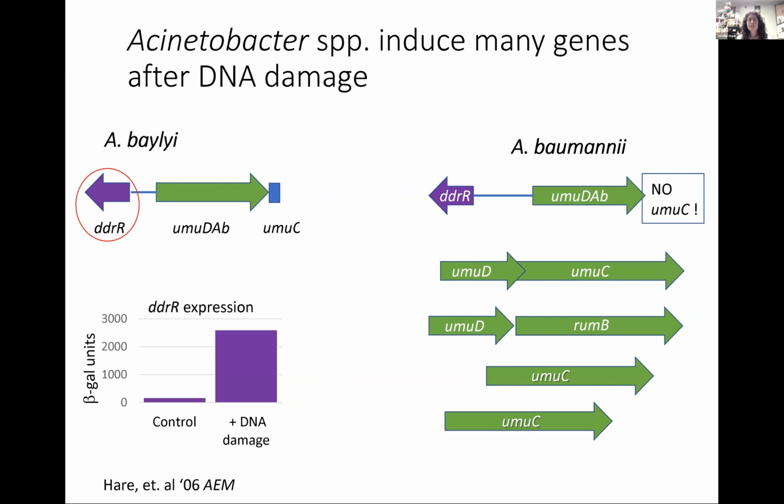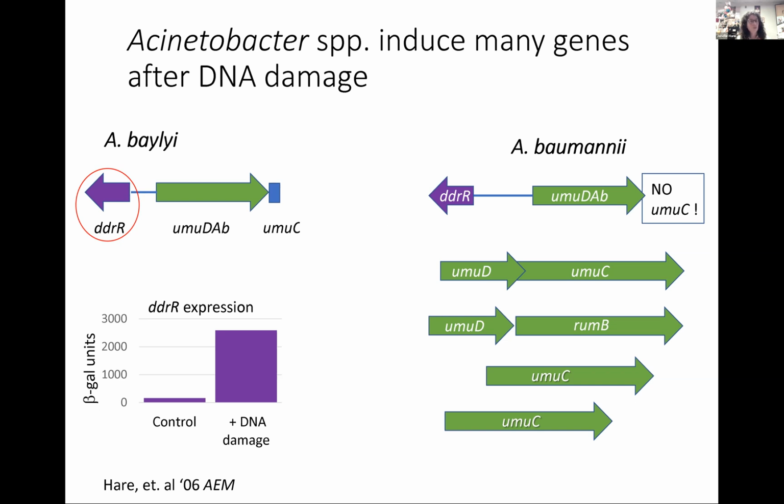We know that there are many genes that are induced after DNA damage, meaning that they increase their expression, their transcription, after DNA damage. Right next door to UMUD-AB that we're starting to study is this gene I've shown here in purple, DDRR. If we look down at the bottom left, it is highly expressed after DNA damage.